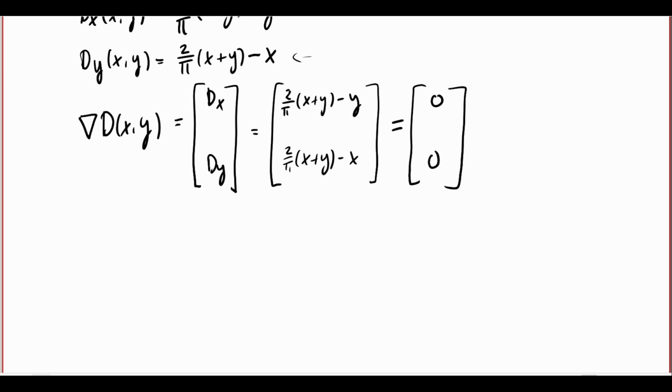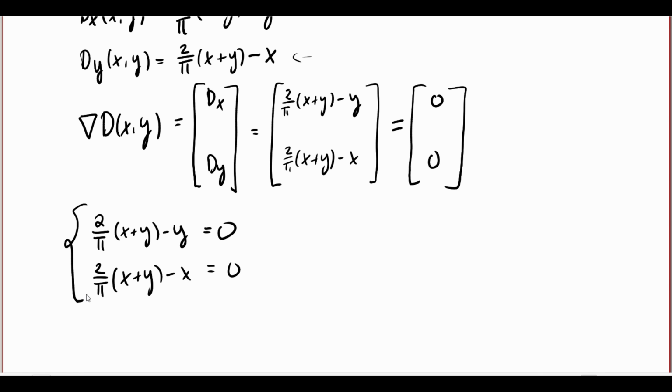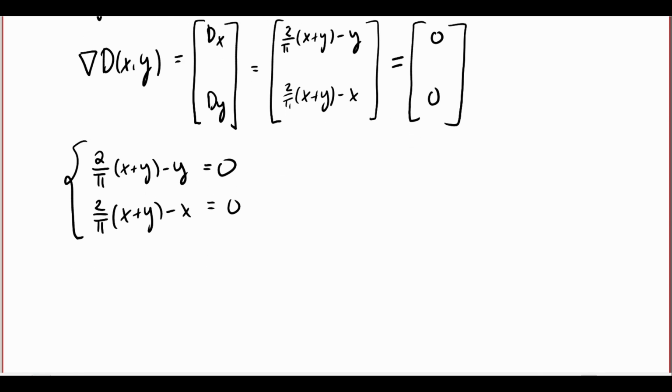So we get 2 divided by pi times x plus y minus y equals 0, and 2 divided by pi times x plus y minus x equals 0. So we have two unknowns, x and y, and two equations.